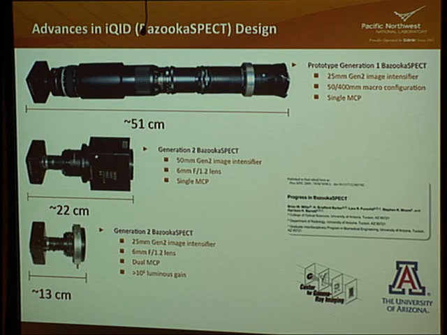And over the years, the iQID or bazooka SPECT detector became much more compact, to the point where it no longer resembled a bazooka anymore. It uses more scientific grade custom image intensifiers, as well as CCD cameras. And really the image intensifier is a key component, because it allows you, for everything downstream from here, if you amplify that low light level beforehand, to then have the flexibility to choose whatever sort of camera or sensor you want to work with.